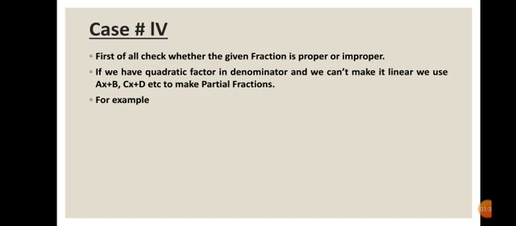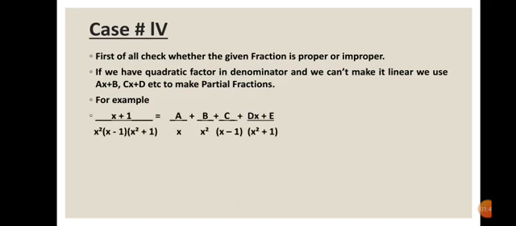For example, students, today I have taken an example and you will learn much from it. Let's see. We have x plus 1 over x square into x minus 1 into x square plus 1.